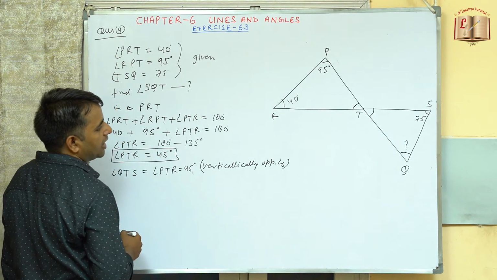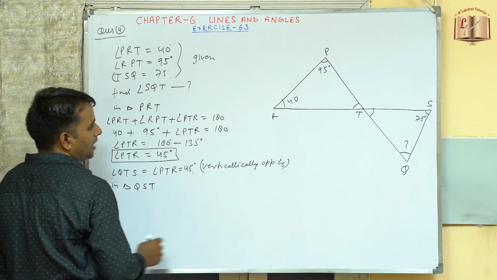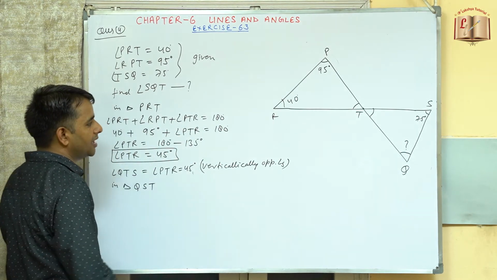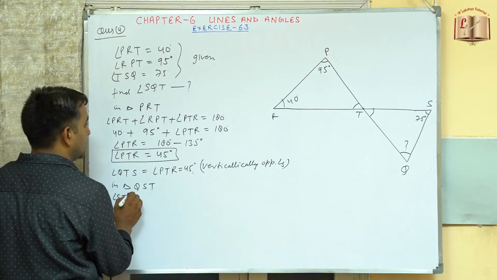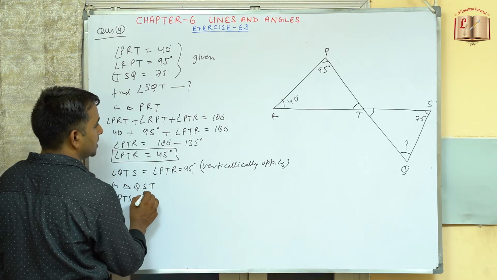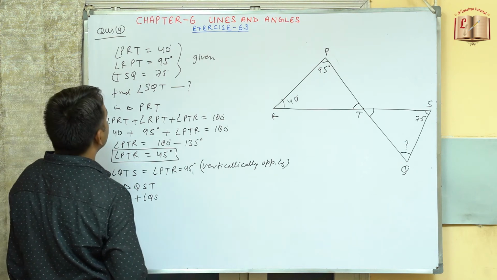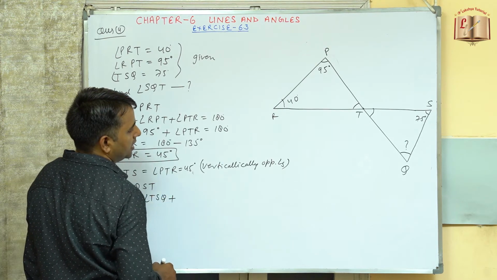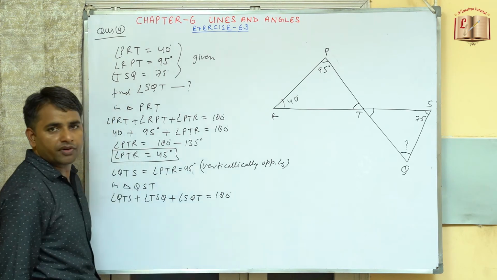Now in triangle QST, all three angles sum to 180 degrees. So angle QTS plus angle TSQ plus angle SQT equals 180 degrees, the sum of angles of a triangle.